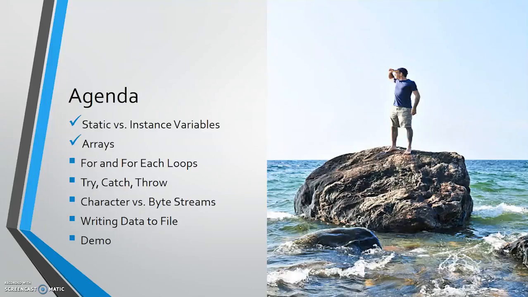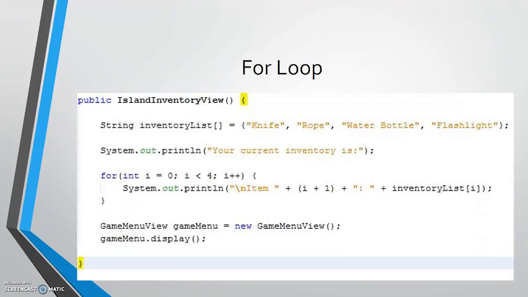Okay, the next thing we're going to talk about is our for and for each loops. Our for loop here is pretty simple. It's a zero-based for loop. So we start here with our for keyword, and then we create an integer variable which starts at 0, and then we iterate through that up to 4 times, and we add each time to that count.